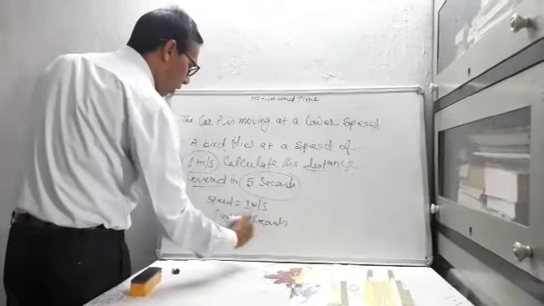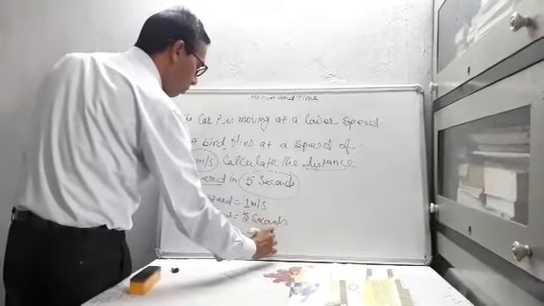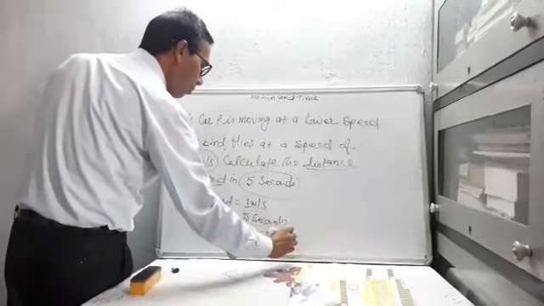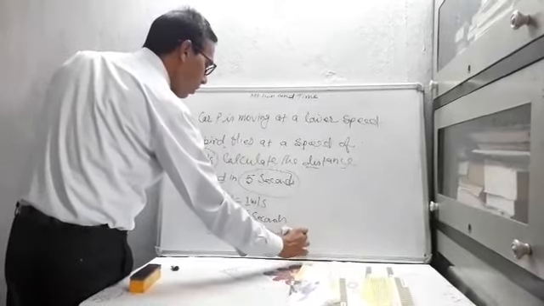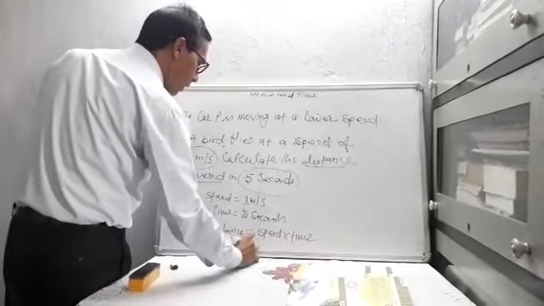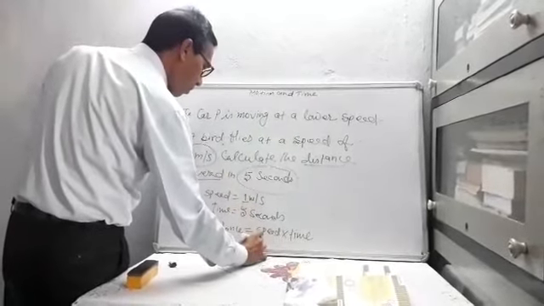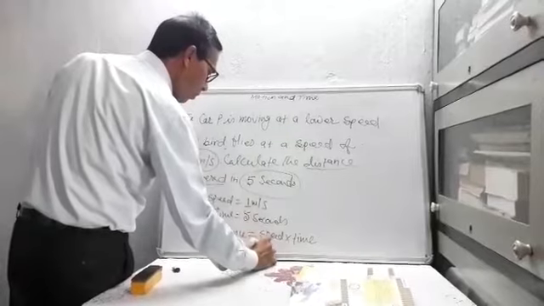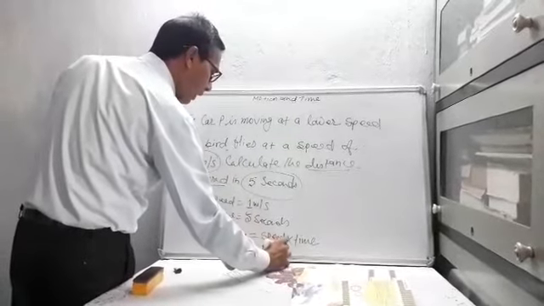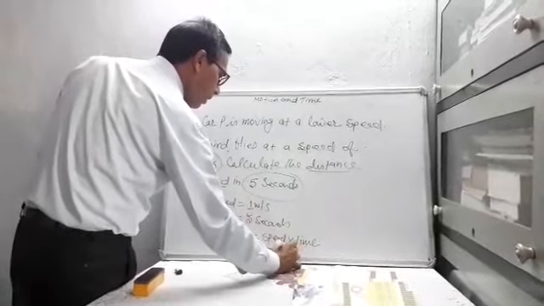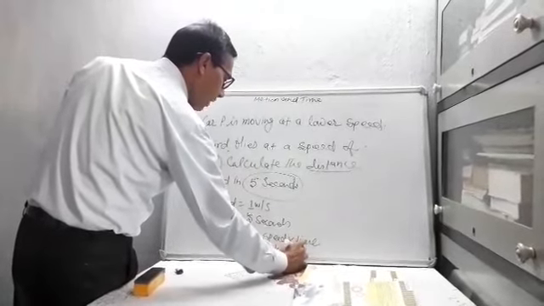Distance is equal to speed into time. So here speed is given, 1 meter per second, into time, 5 seconds.